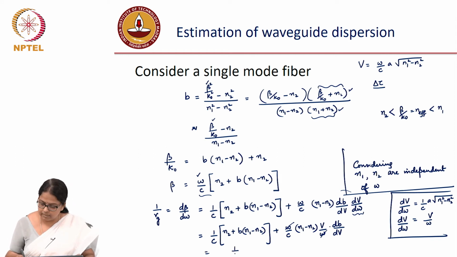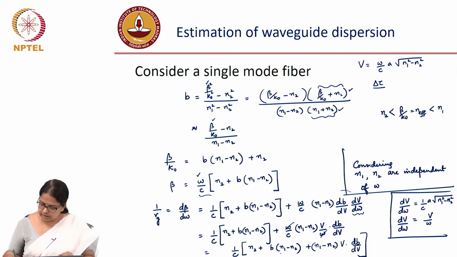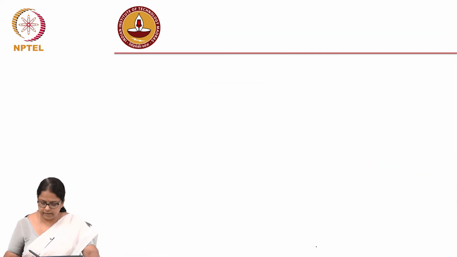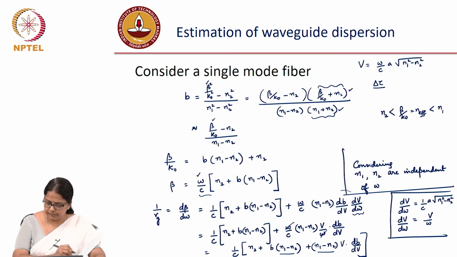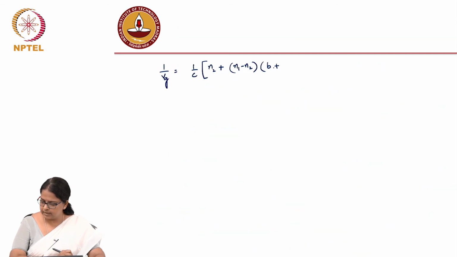So, this becomes 1 by c n2 plus v times n1 minus n2 plus 1 by c is out, n1 minus n2 times v times db by dv, and I can take n1 minus n2 common between these two terms, and I can write this 1 by Vg as 1 by c times n2 plus, I can take n1 minus n2 common, and the first term has a b and the second term has v db by dv.